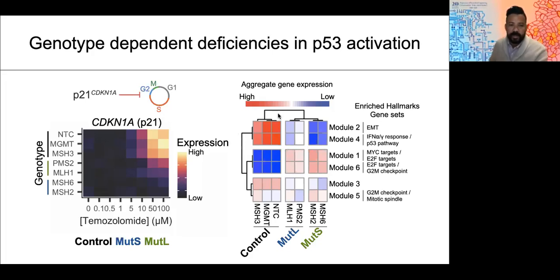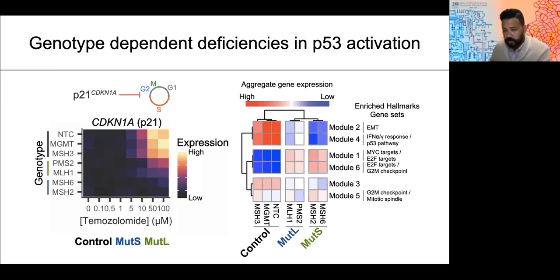And there's this intermediate phenotype again for cells that are perturbed for the mismatch repair processing complex MutL. And this is consistent with the fact that the recognition complex on its own can signal to the DNA damage response in p53 to begin the DNA damage response for temozolomide.